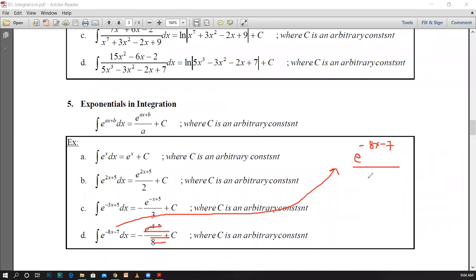This is now divided by minus 8, and at the end you have to add the arbitrary constant c. You can simplify it further. Then you will get e to the power minus 8x minus 7, divided by 8, plus the arbitrary constant c.